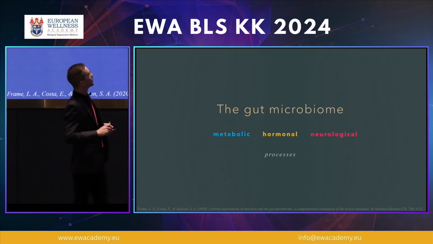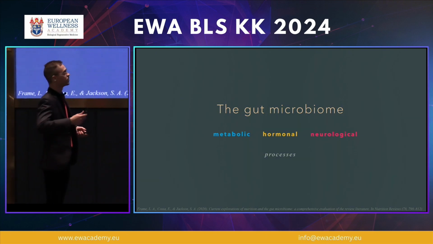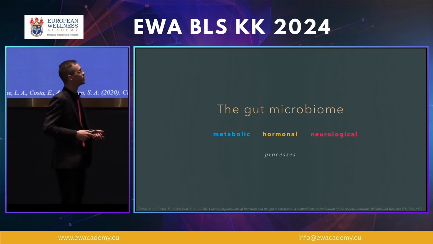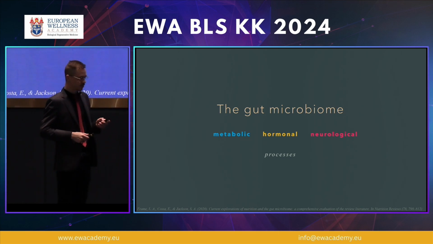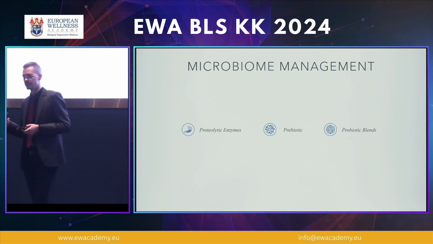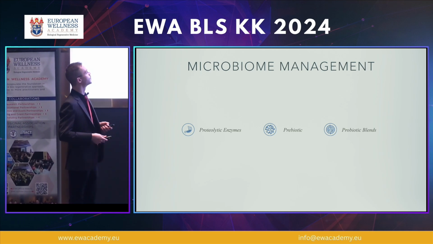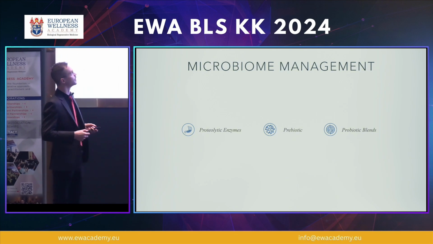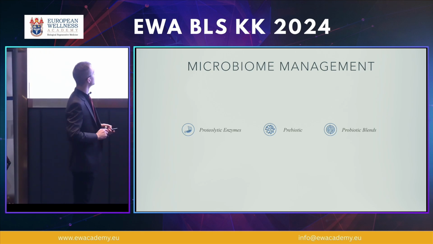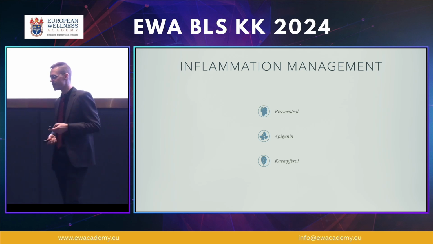This is where the gut microbiome comes into play. As we have also discussed, it has not only metabolic functionality, but also hormonal and neurological processes are governed by the gut microbiome. So for some people, in addition to their healthy habits, they have to take care of their microbiome by taking prebiotic and probiotic blends. Some of them need proteolytic enzymes to increase their ability to digest the food they are consuming.